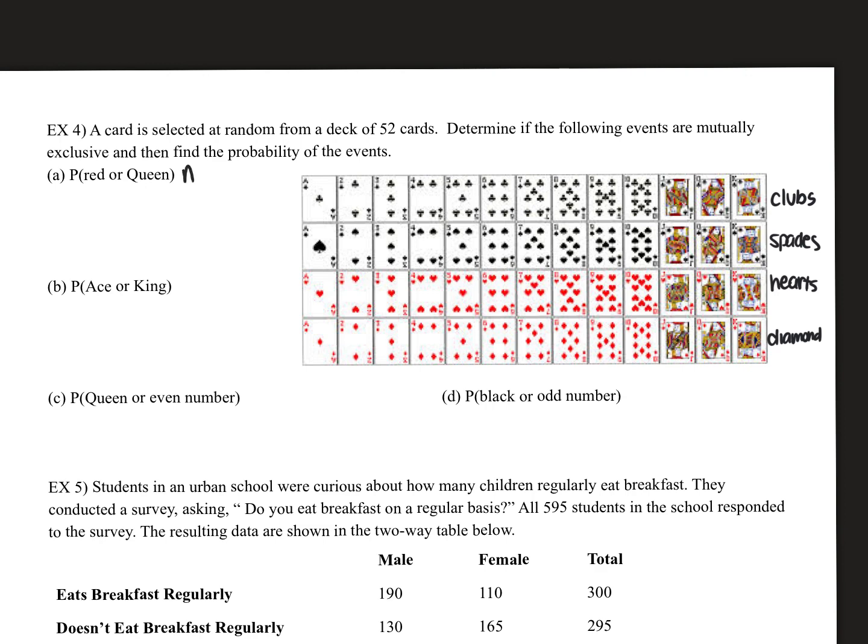So these are not mutually exclusive, which I'm going to abbreviate ME, which means I need to take the probability I get a red card, which half the cards in a deck are red. So 26 out of 52, plus the number of queens, which there are 4 of, so 4 out of 52, minus the red queens, of which there are 2.